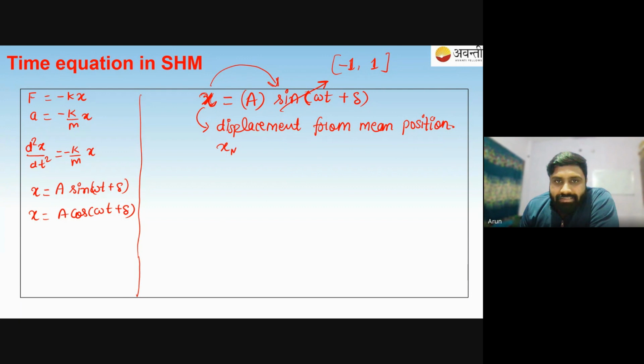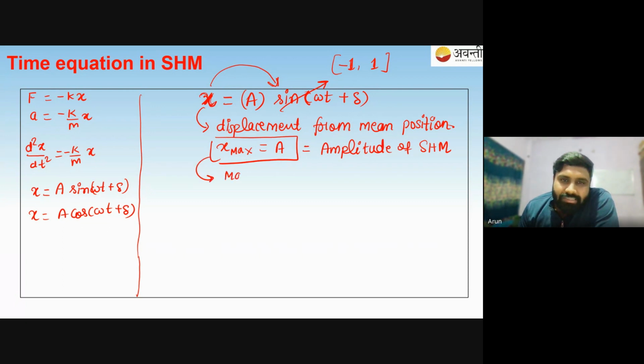So x max you can say is nothing but a. And that a is termed the amplitude of SHM. Okay. And amplitude is nothing but the maximum displacement from mean position.